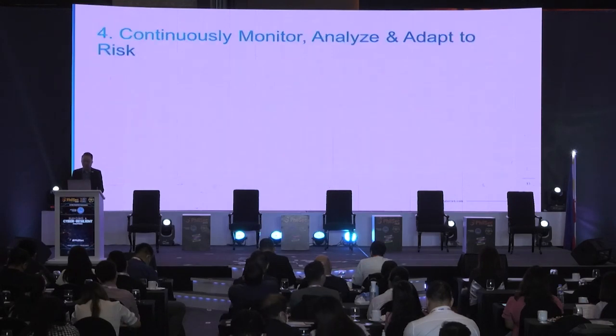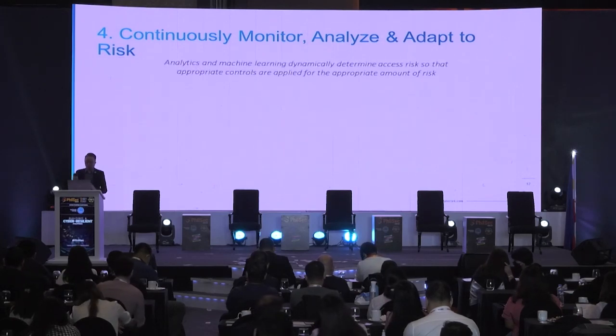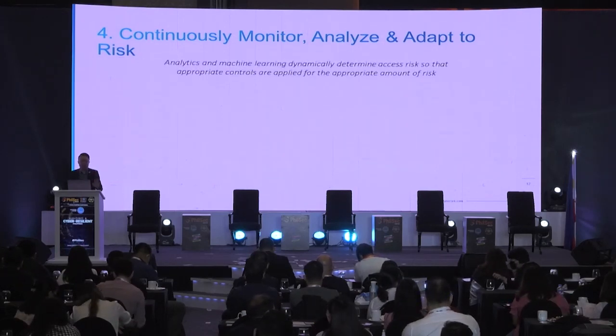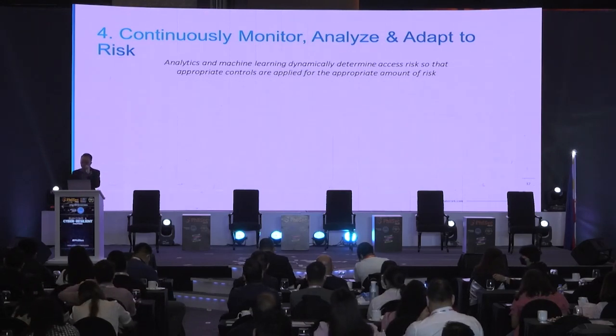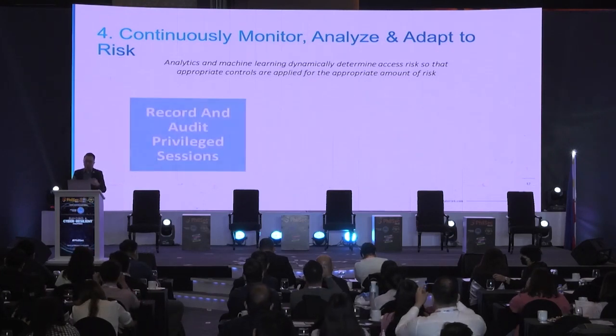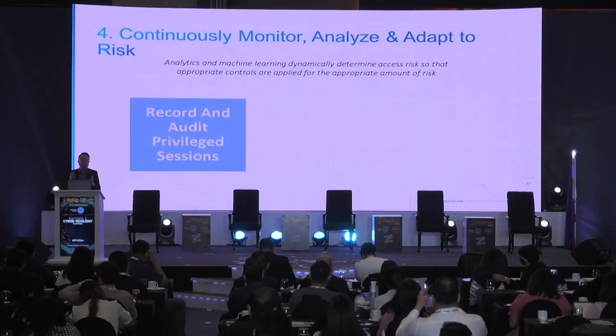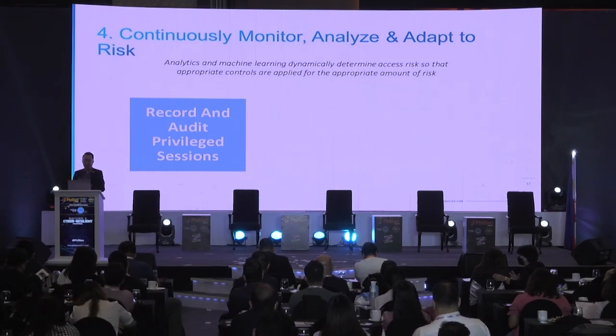In the last step, step 4, we need to ensure that all identity events are analyzed and monitored. Controlling identity is just part of that solution. Knowing how those identities are being used is a crucial next step. So all sessions, especially those involving privileged access, should be recorded and audited.